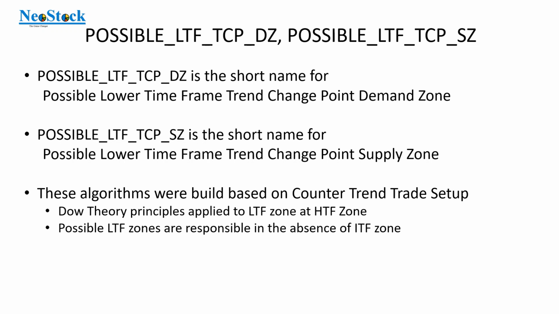Assume our software system identified two LTF zones. Definitely one of them is responsible for the trend changes at the ITF time frame. Trend changes always happen in ITF, no doubt in that. Because the ITF zone is absent, not available or not present, in its place we are giving responsibility to LTF zones.